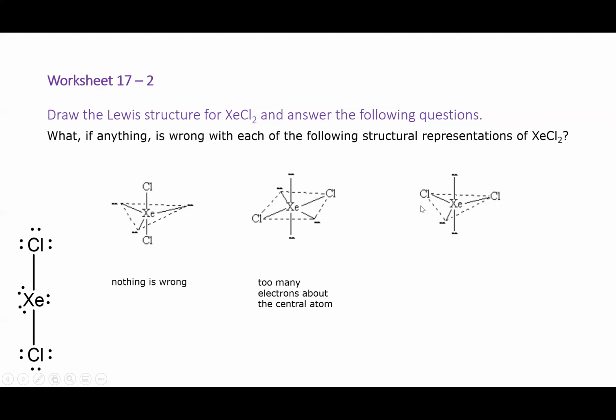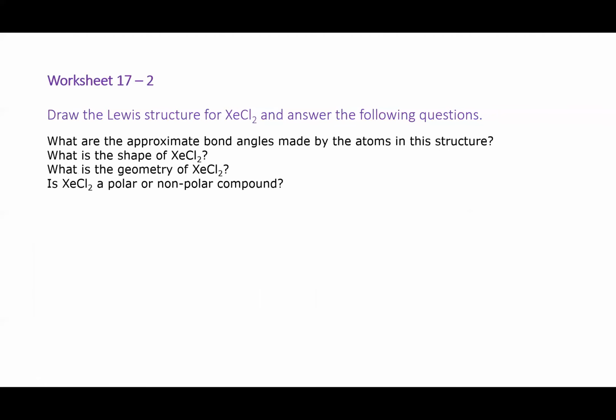So we want to maximize those first. Because it could technically be at a 180-degree bond angle from each other, but instead it is 120, we are not representing that to our best capability in the structure. So this representation is wrong because the electrons are in the wrong locations according to VSEPR.